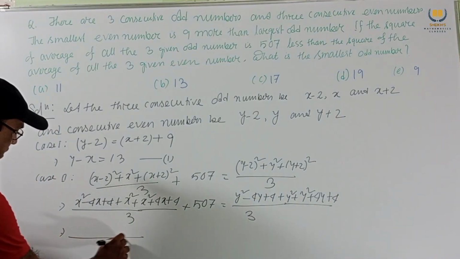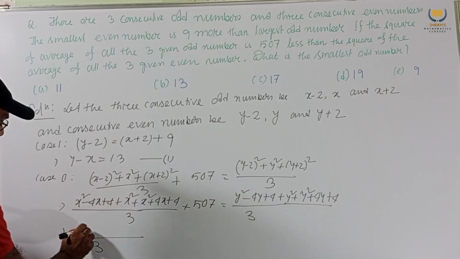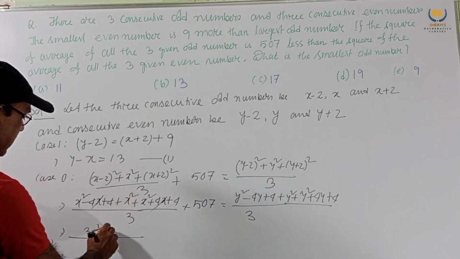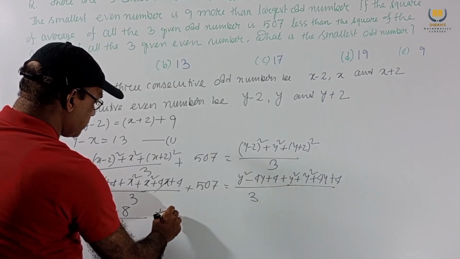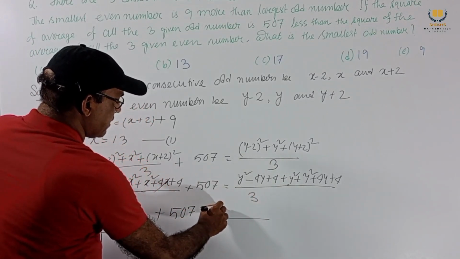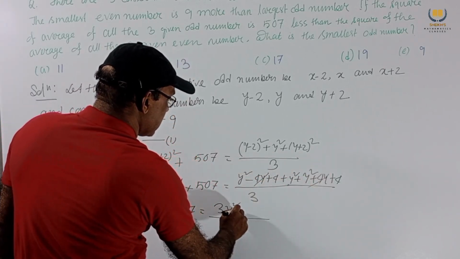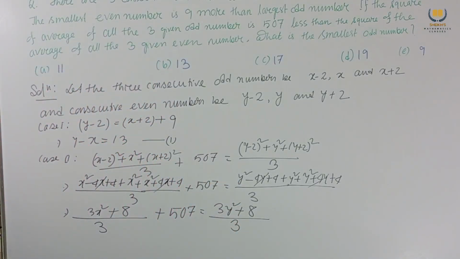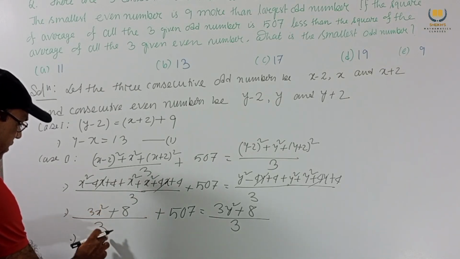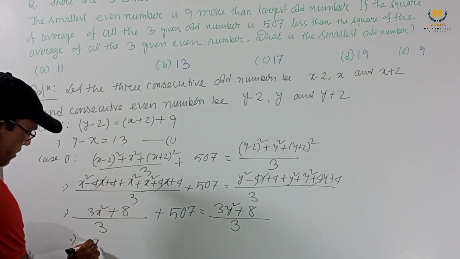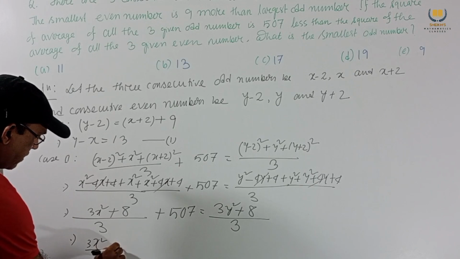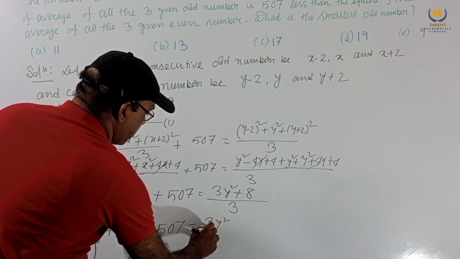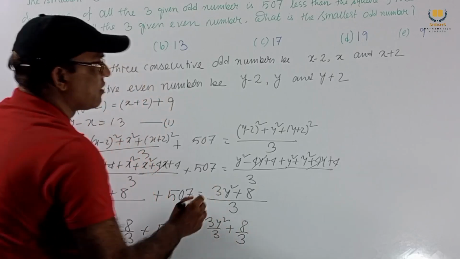So how many times is x square? 1, 2, 3: 3x square. 4x cancels, and 4 and 4 make 8. So we have 3x square plus 8 over 3 plus 507, equals 3y square, 4y cancels, plus 8 over 3. This implies 3x square by 3 plus 8 by 3 plus 507 equals 3y square by 3 plus 8 by 3.